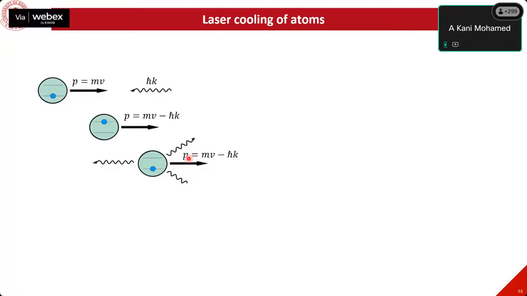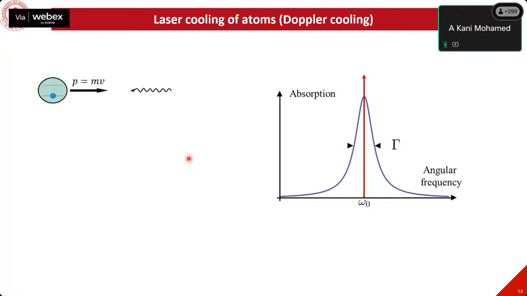But there is a problem here. This is not just laser cooling, it is something called Doppler cooling. Let's understand the laser cooling in a better sense. Now the atom is moving with a certain velocity v. If the atom is not moving, this is the absorption spectrum of the atom.